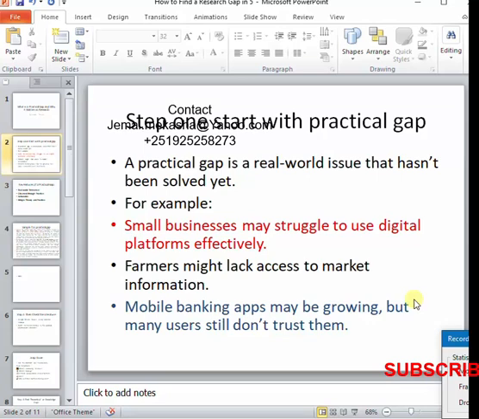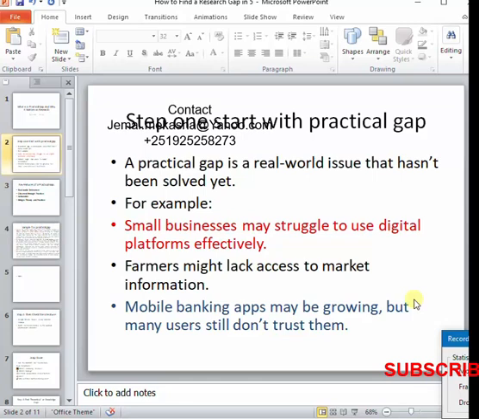So as a researcher, you have to solve partial parts of the problem within your environment or within your organization. For example, there are different types of practical gap or problems.